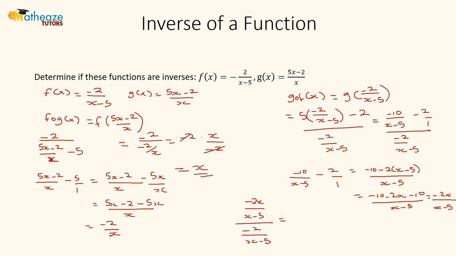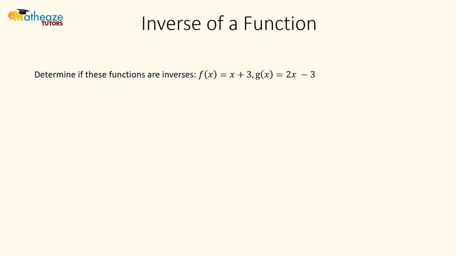So this is going to give us minus 2x over x minus 5 times x minus 5 over minus 2. Cross this out, cross this out. So we have x. That's proof that they are inverses of one another.